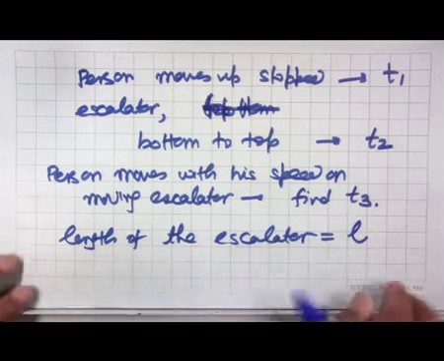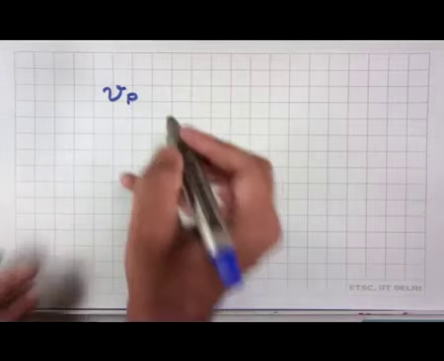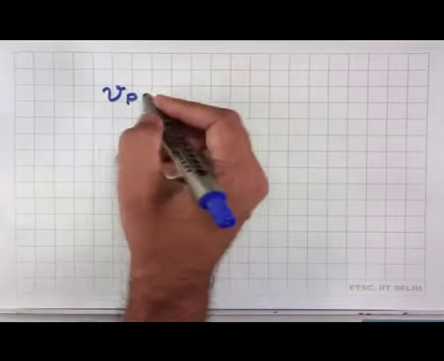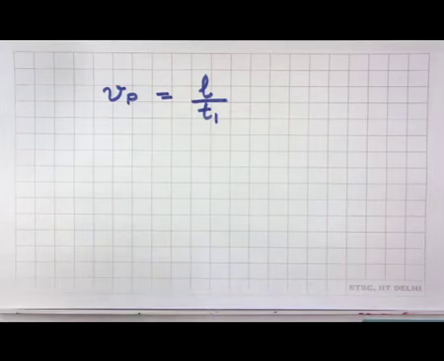Let us first find the velocity of the person when the escalator is stopped. This we know that the velocity of the person is equal to the total length of the escalator which he travels divided by the time t1.